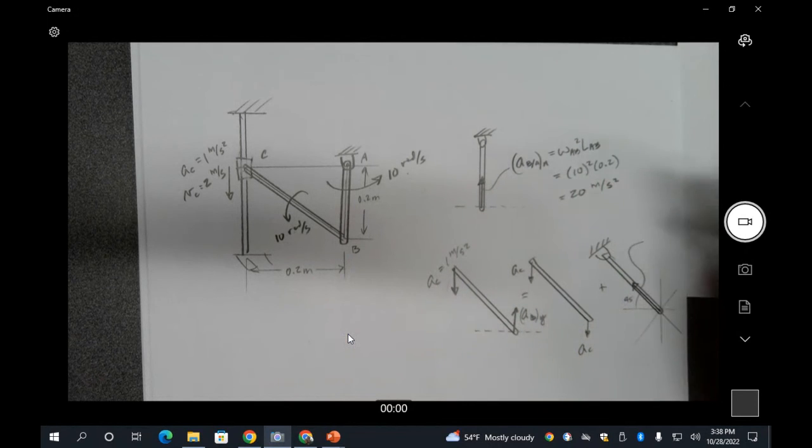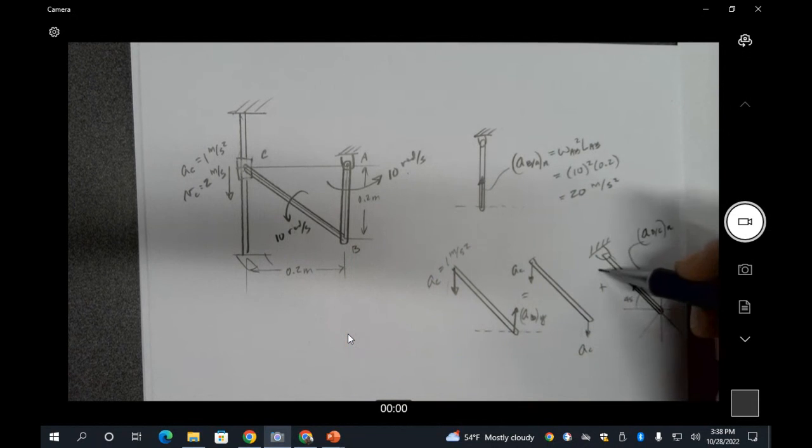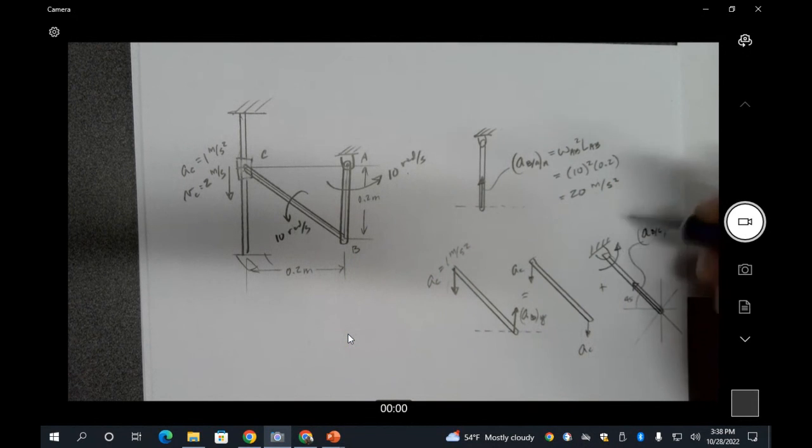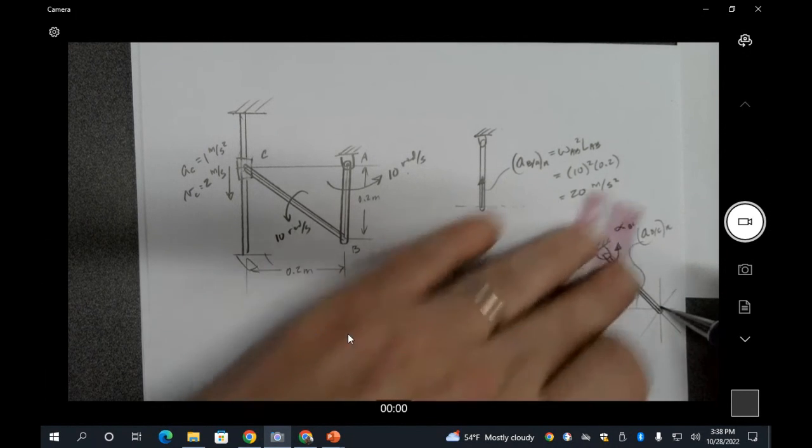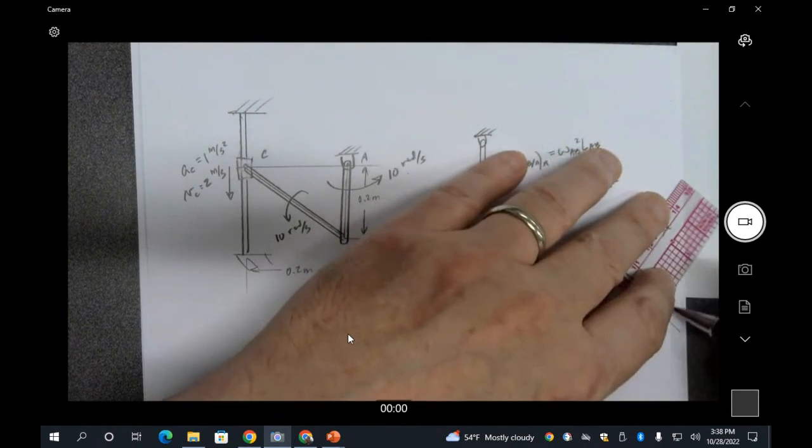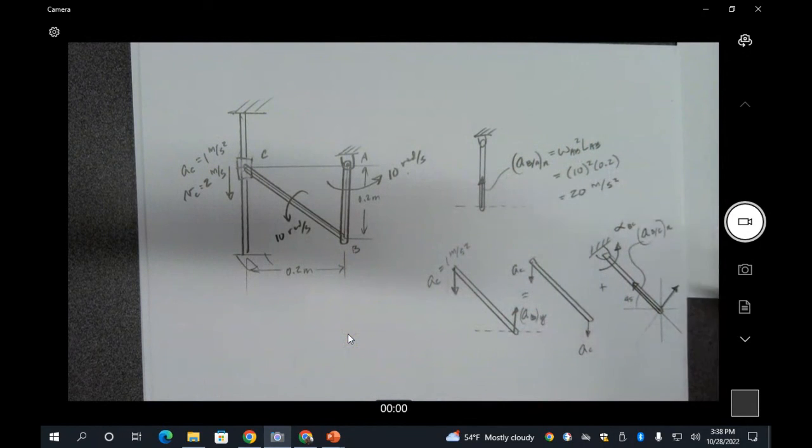And so this is going to be the acceleration of B with respect to C in the normal direction. And I'm going to guess an acceleration of BC in that direction, and therefore there's 45 right there.